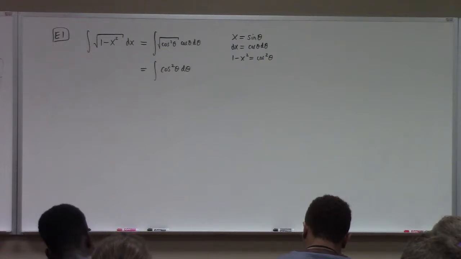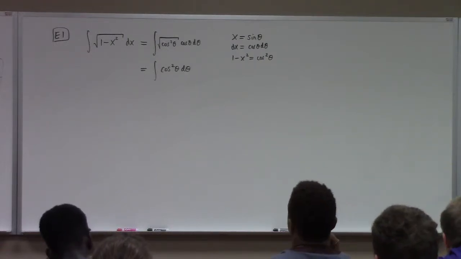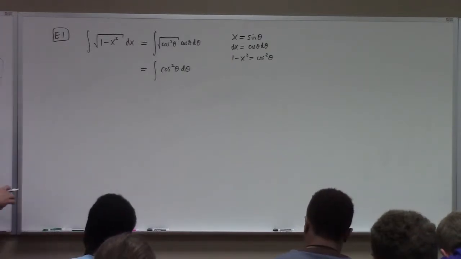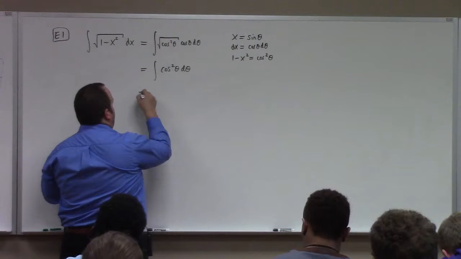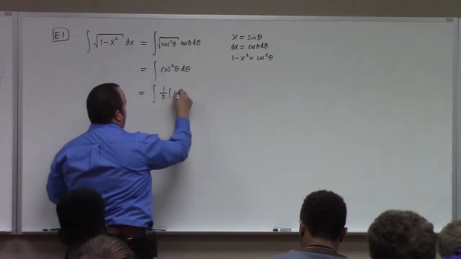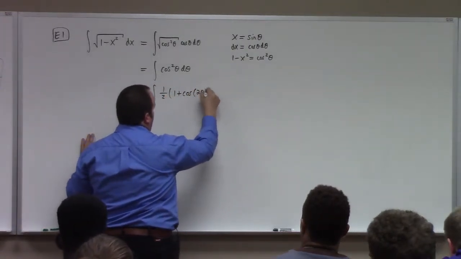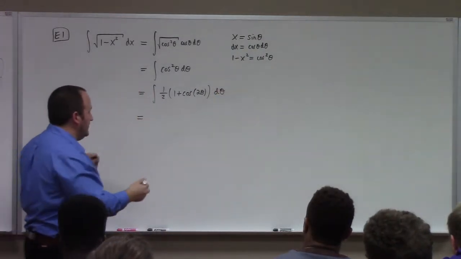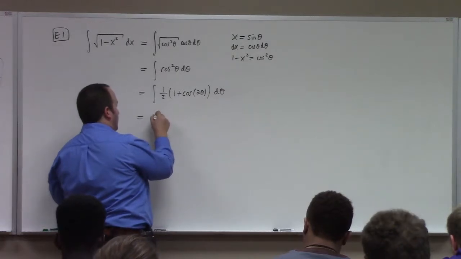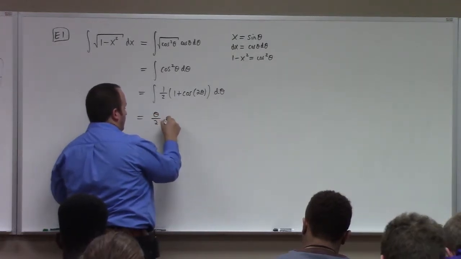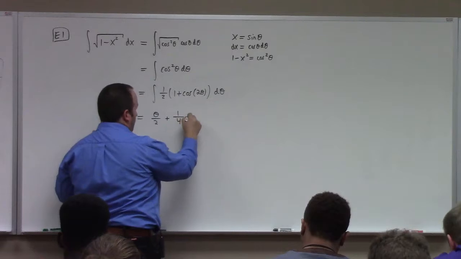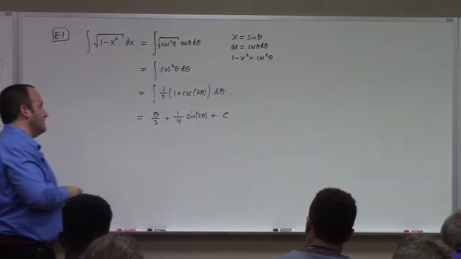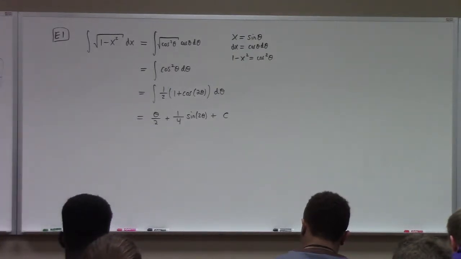Which is very nice because we already know how to do that integral, right? We already know that that's 1/2 of 1 plus cosine of 2 theta d theta. And so this is going to give me theta over 2 plus 1/4 the sine of 2 theta plus a constant.